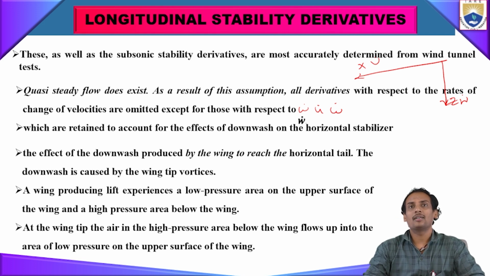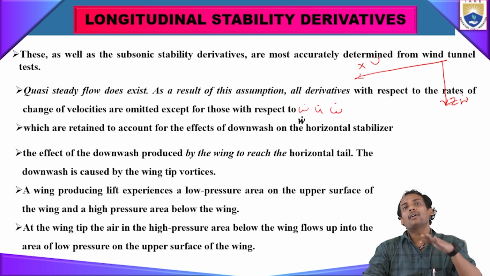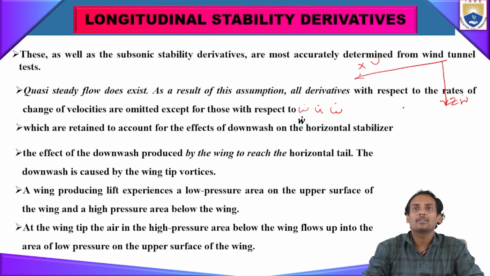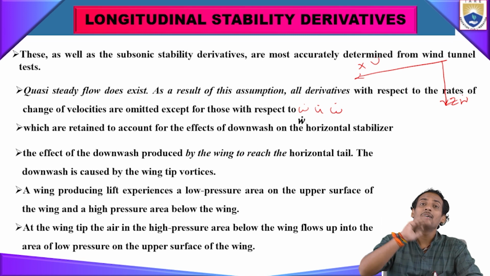These W naught changes will be retained to account for the effect of downwash on the horizontal stabilizer. So what is this downwash? Whenever a flow is flowing over the aircraft, first we need to see how the flow will be flowing over an aircraft.